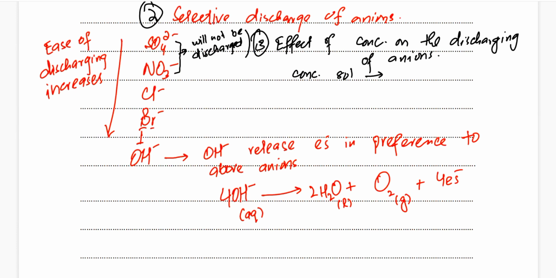Okay, in case of a concentrated solution, discharging will be preferred in reverse trend for anions.